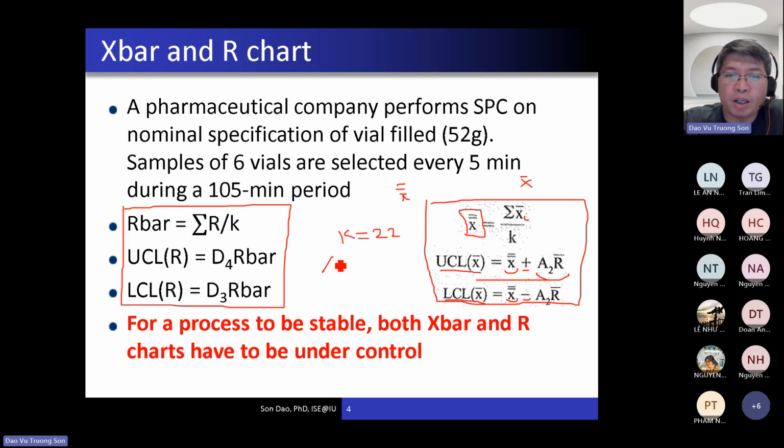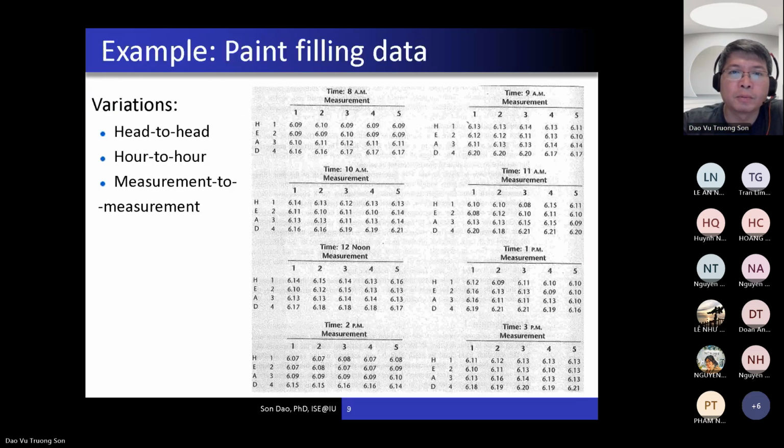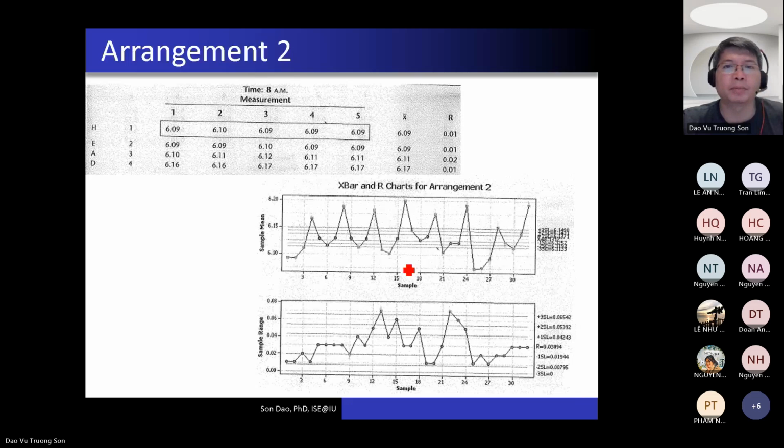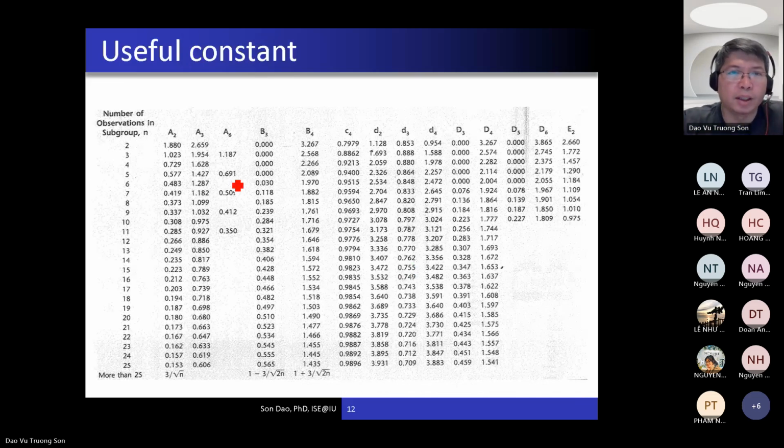In order to find A2, please go forward to the next few slides. You can see A2. Can you see this in the slides? How can we find A2?